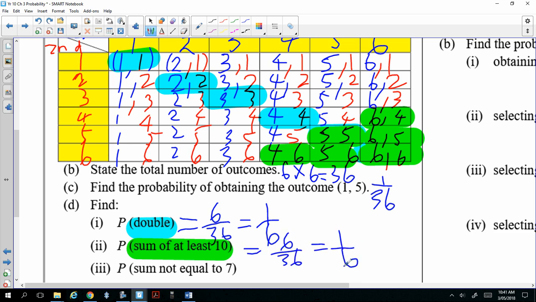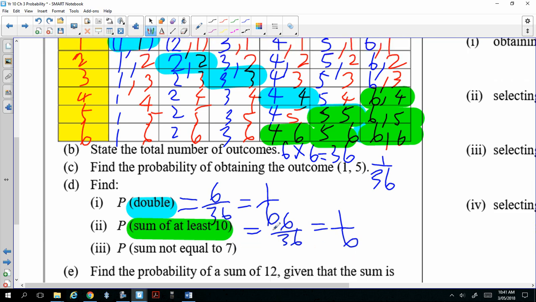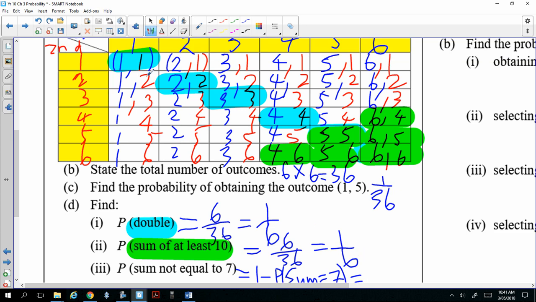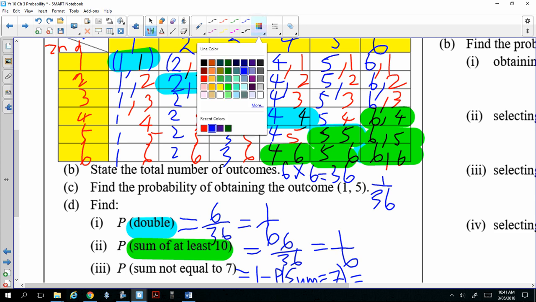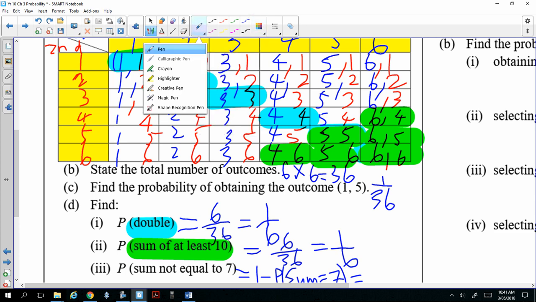All right. And the last bit says sum not equal to 7. When they say not equal to, it's easier to calculate the complement, which is 1 minus the probability of equal to 7. All right, which one's equal to 7? 1 plus 6. So let's use a different highlighter. It goes the other diagonal, isn't it?